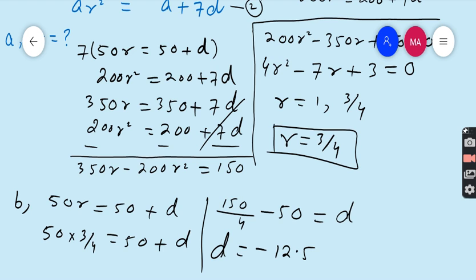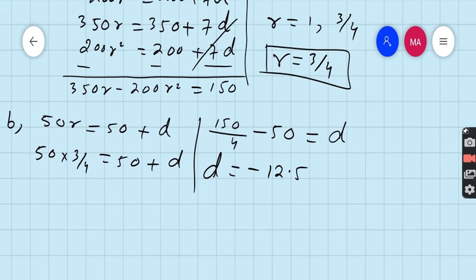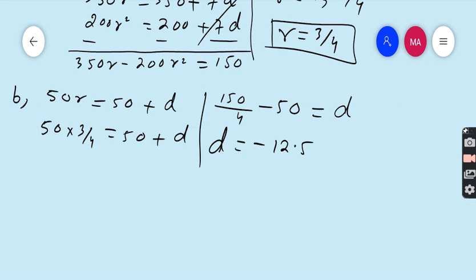Now you are able to find the fourth term of both the sequences. The fourth term of geometric is T4 is equal to ar cube. What is a?